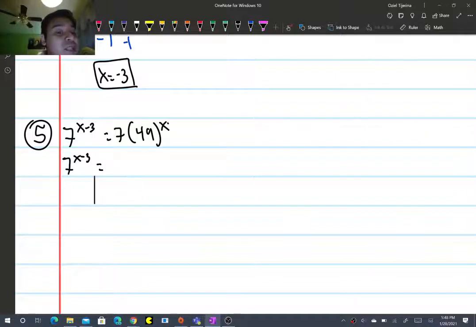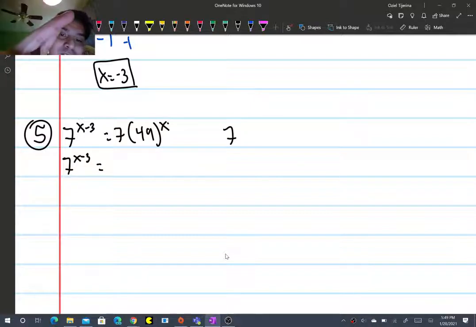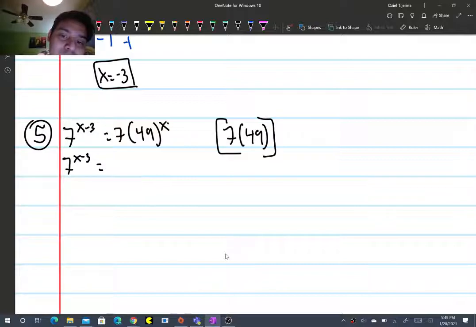So basically, the one thing you don't do for this is say that this is 7 times 49 and then do this to the x, and basically you can say, oh, it's 7 times 7 squared to the x and then 7 cubed to the x and then 7 to the 3x.